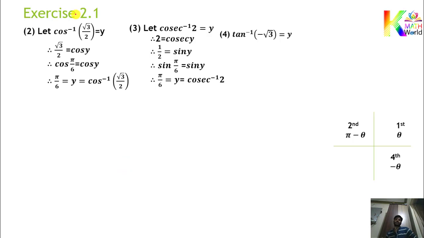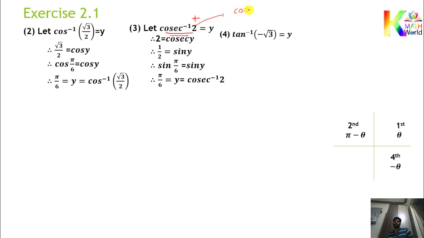Now see the next question: tan inverse of minus root 3. If you want to write the answer directly for the previous one, this is a positive value, so it comes from the first quadrant. Here the cosec function is there, so give me the value of 2 in terms of cosec.